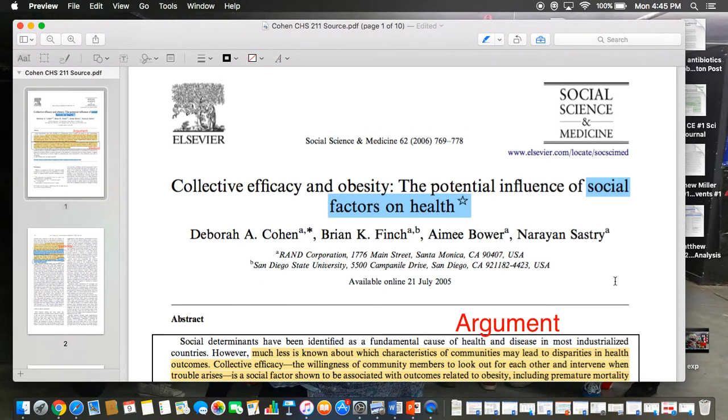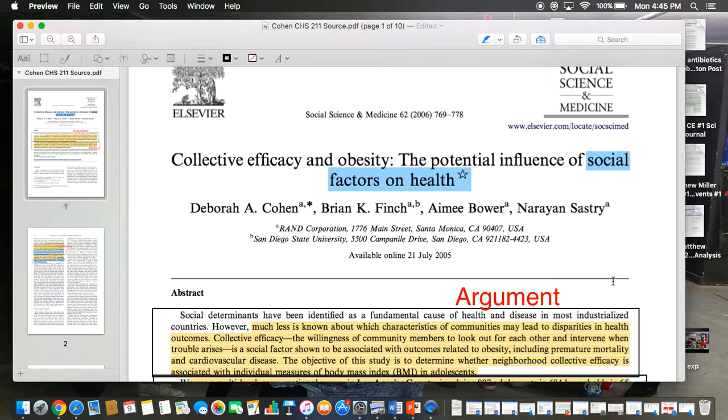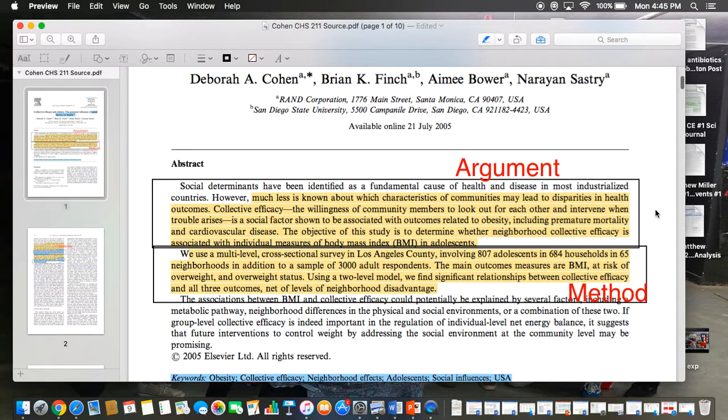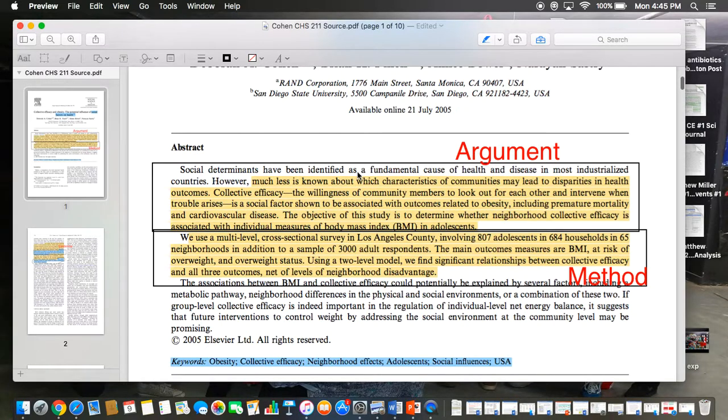I'm going to be annotating the journal "Collective Efficacy in Obesity: The Potential Influence on Social Factors on Health." So the argument of this journal states that much less is known about which characteristics of communities may lead to disparities in health outcomes.